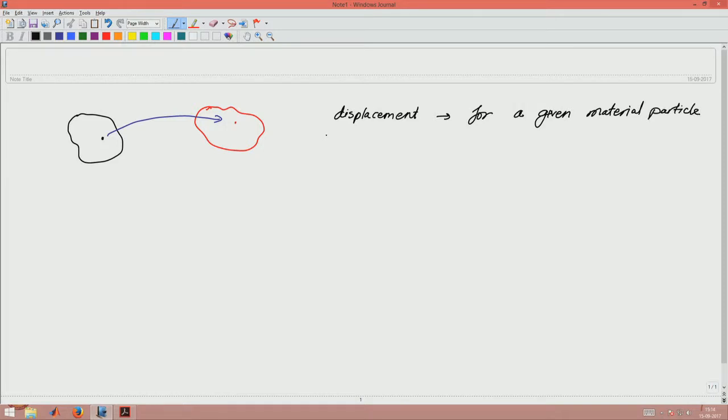and we define that as basically x tau, which is the position of the material at time tau, minus x, because this is at current time, and we denote this by u.